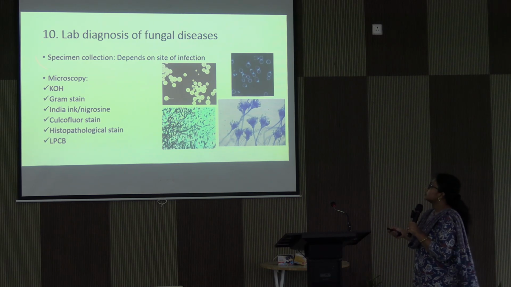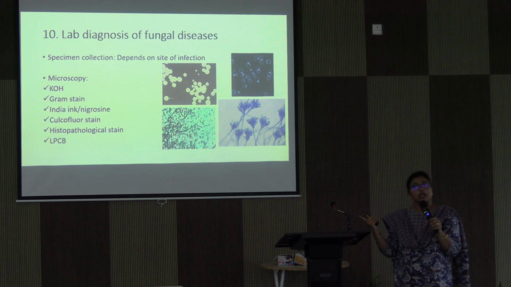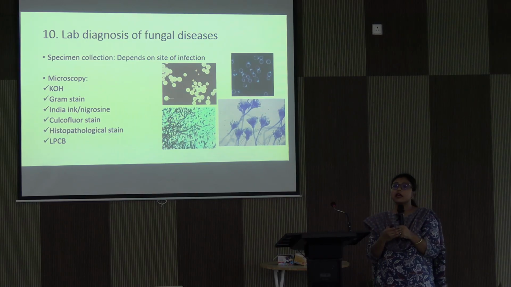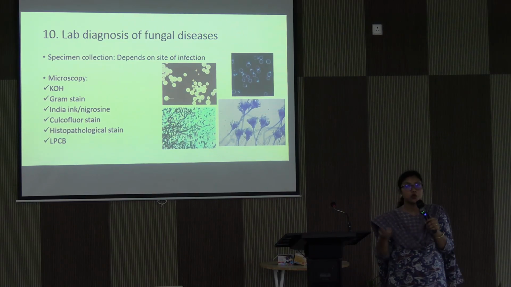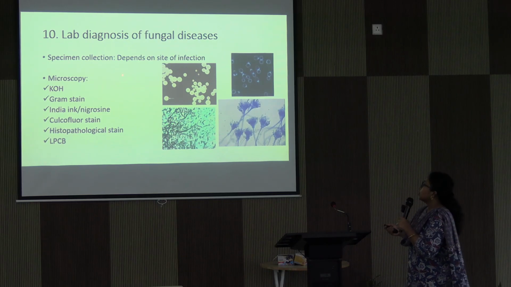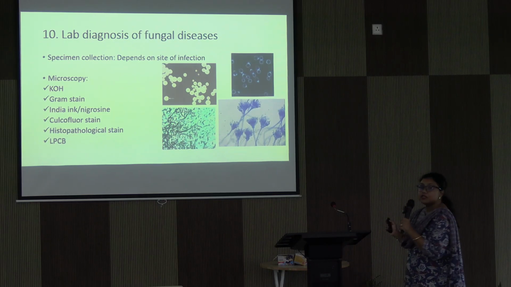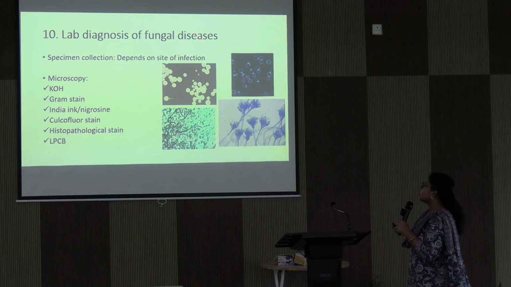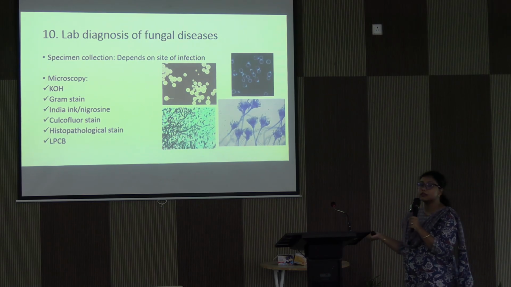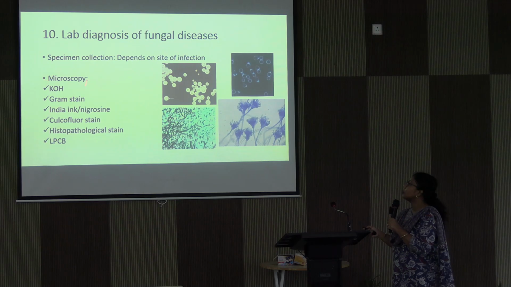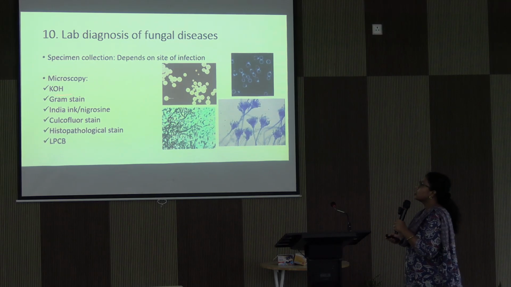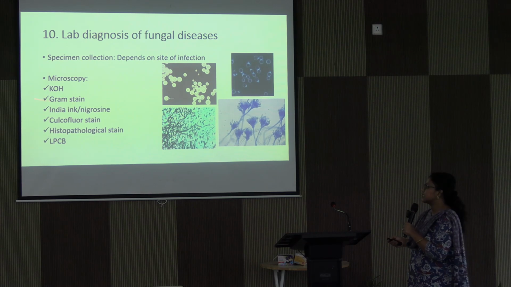Now because fungal infection can happen everywhere, there are different types: the skin and submucosa, then the systemic fungal infections. Now specimen, first you will say specimen collection. It depends on the site of infection. Then we will do all these things. What are these things? We will do the stains, that is microscopy by KOH mount and Gram staining.